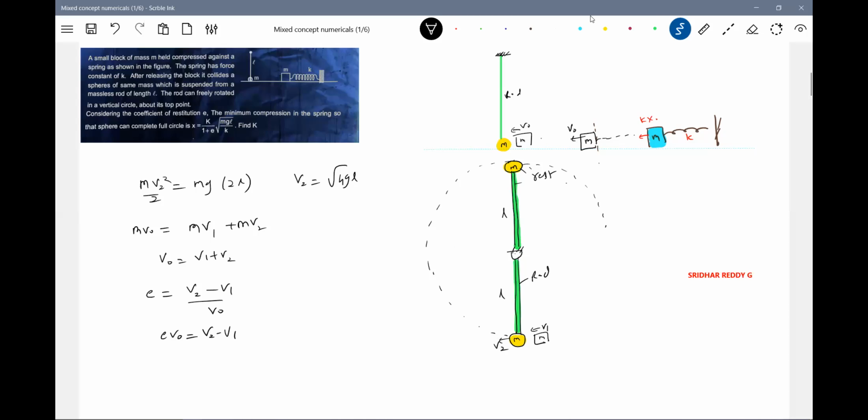Adding up these two, e v0 plus v0 equals 2v2. So v2 is equal to v0 (1 plus e) by 2. I think we wanted the v1 value. Substitute this in any one equation. So v0 equals v1 plus v2, so v1 becomes v0 by 2 minus v0 e by 2.